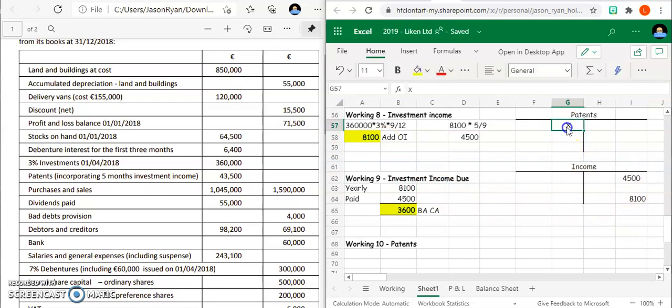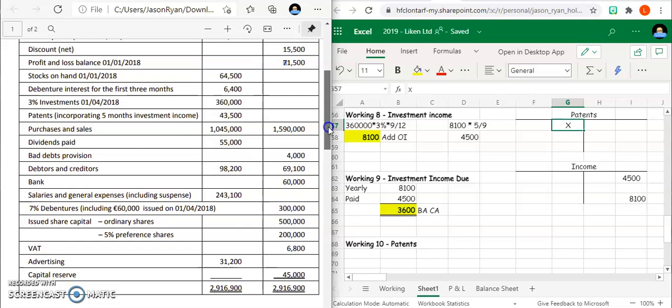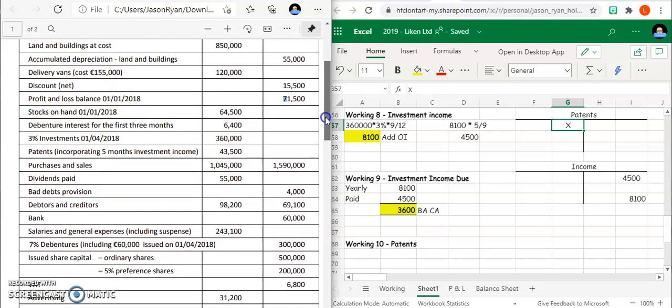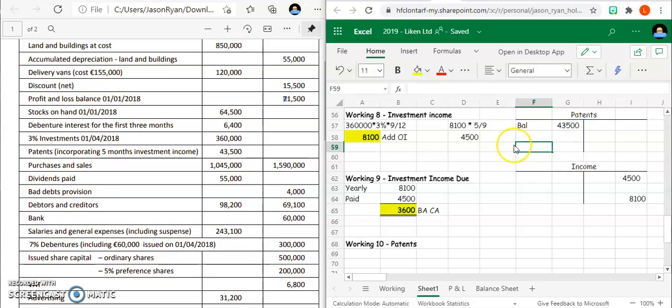Okay, so our patents in the question is 43,500. So 43,500, that's our patents figure. So that's the balance that we have on it. Now, we need to take out the 4,500 and put it into our income. So we're going to credit our income account 4,500.